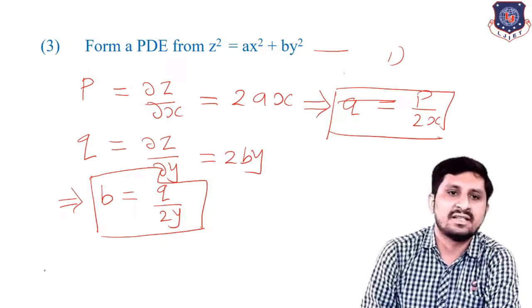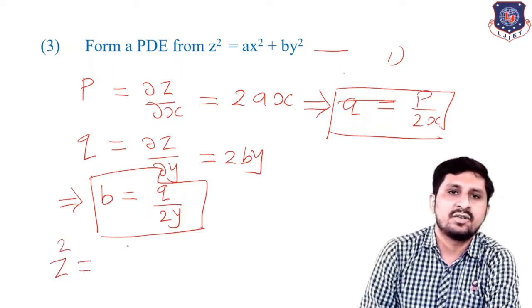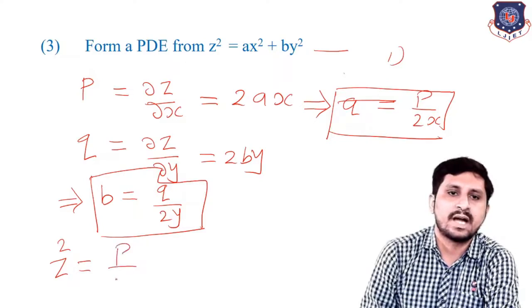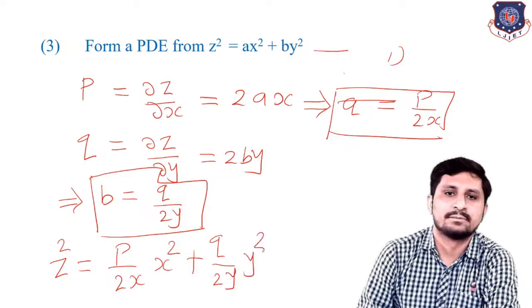So z square is equal to, instead of A, P by 2x into x square, plus, instead of B, Q by 2y into y square.